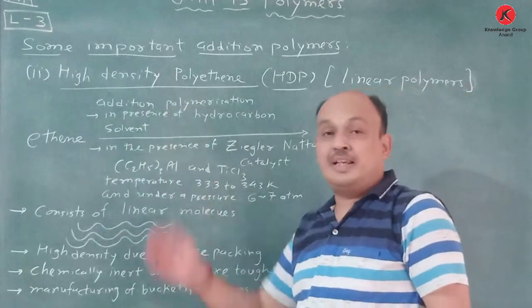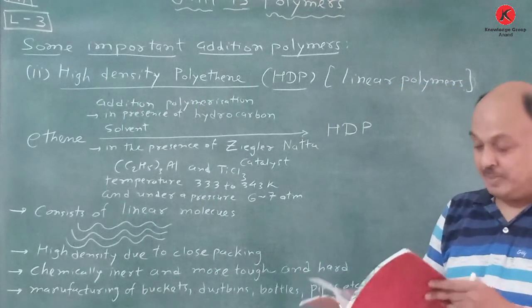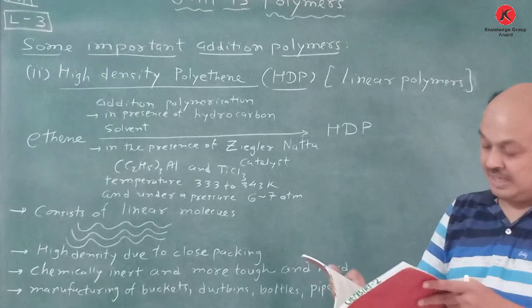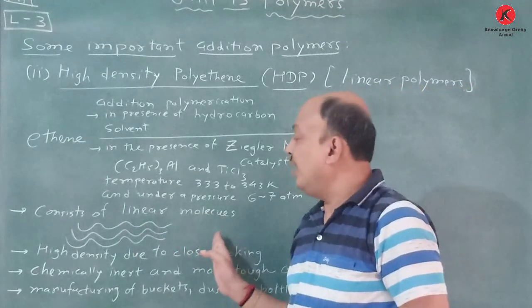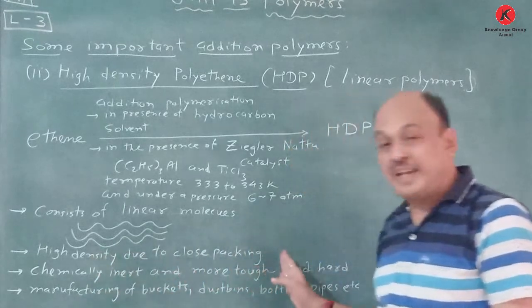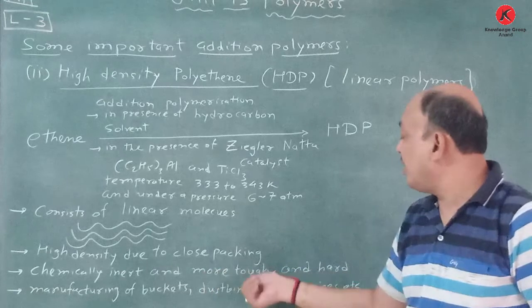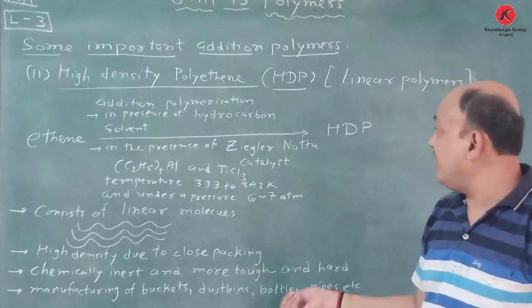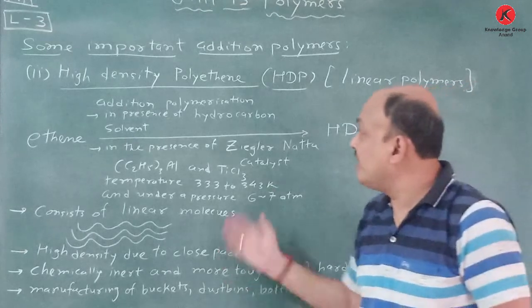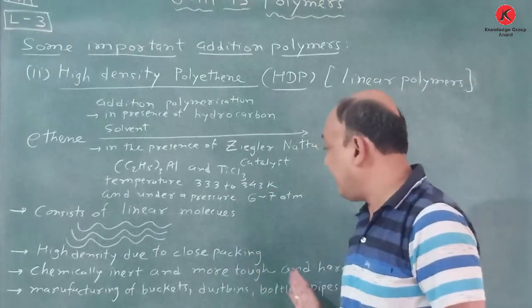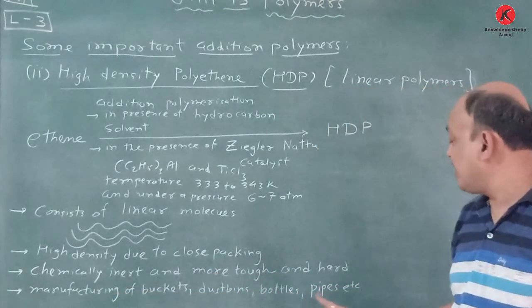LDP consists of linear as well as branched, particularly branched type polymers. But here only linear molecules, high density due to close packing, and both are chemically inert. HDP is more tough, LDP is less tough, and this high density polymer is hard. Also used in manufacturing of buckets, dustbins, bottles and pipes.